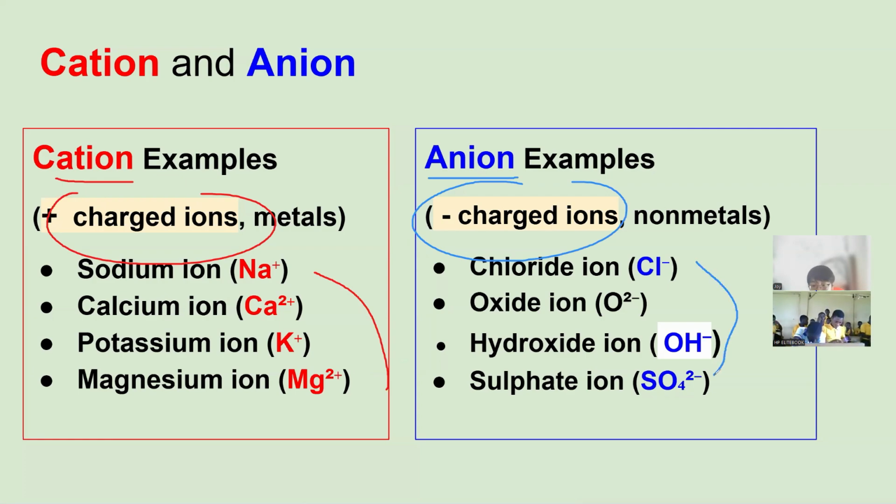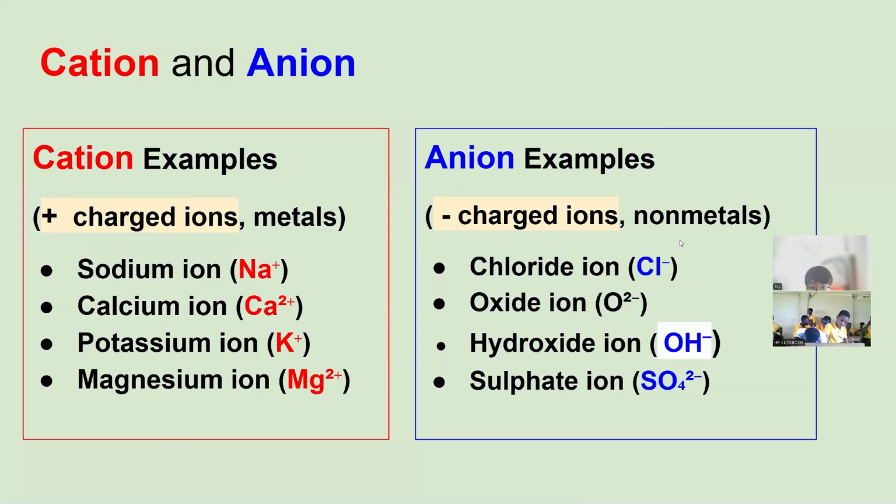Let's look at the anions: chloride, oxygen, hydroxide, and sulfate. All of these are anions. Anions have negative charges, so all of these have gained some electrons to form an anion. And all of the cations lost electrons to form the ions.